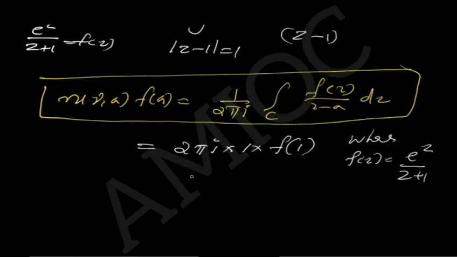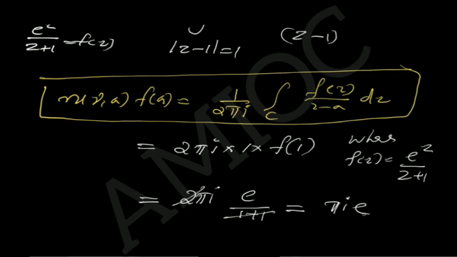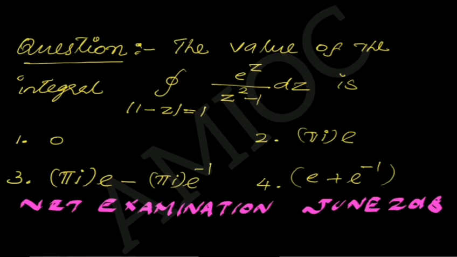Substituting the value, 2 pi I into f of 1, and f of 1 is e power 1 divided by 1 plus 1, that is 2. The 2 and 2 can be cancelled, and the final answer is pi I into e. Therefore, the value of the integral is pi I into e. So the answer of this question is option 2.